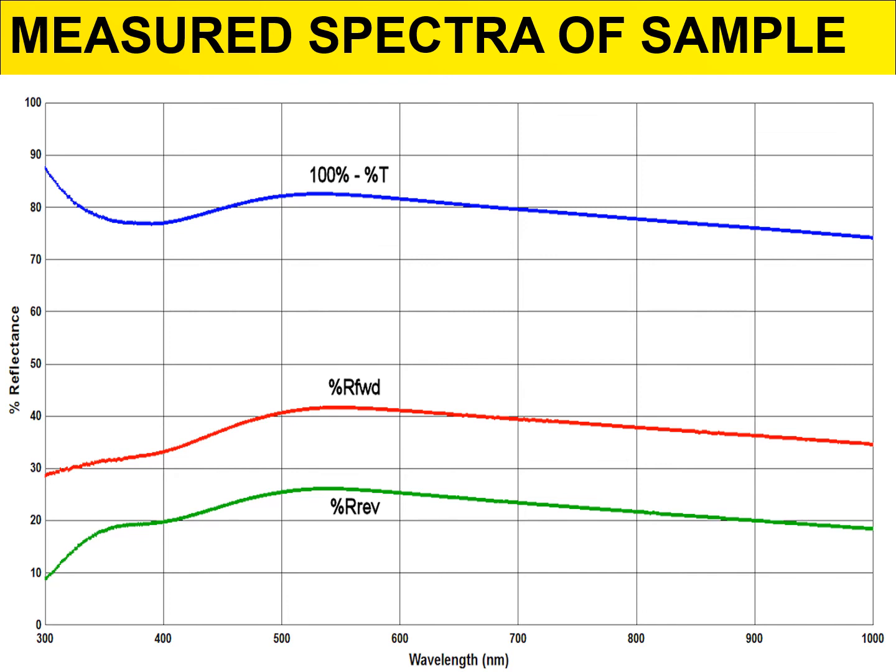I'll run the reflectance in the normal forward direction, and then I'll turn the sample around at near normal incidence and measure its reflectance from the backside. So I get 3 different spectral curves from which to derive 3 different solutions: the thickness and the N and the K at each wavelength.